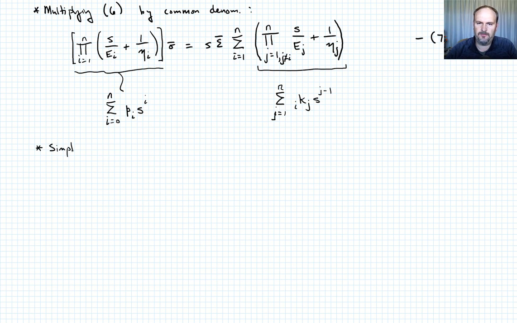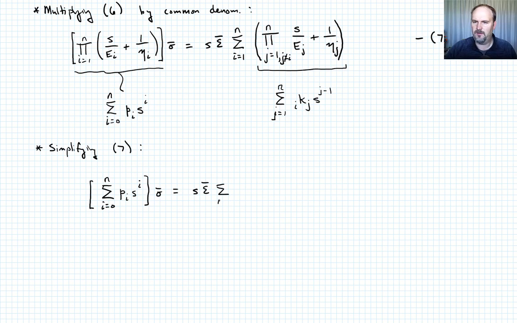So let's just say simplifying equation 7, we end up with the left-hand side, where we're just going to replace this with this polynomial term, the sum from i equals 0 to n of p sub i s to the i times sigma bar, is equal to, and on this side we have s times epsilon bar, the sum from i equals 1 to n, and on this side the sum from j equals 1 to n of this term here, s to the j minus 1.